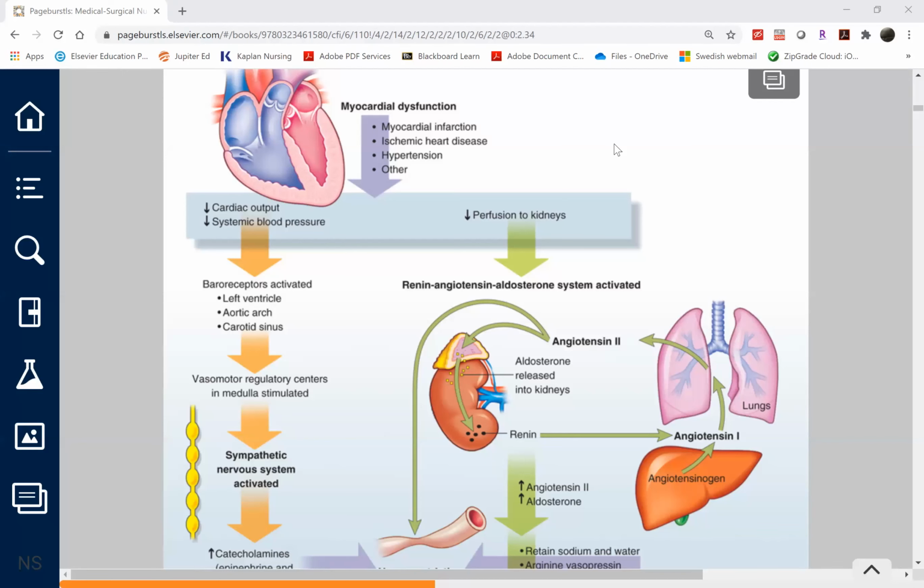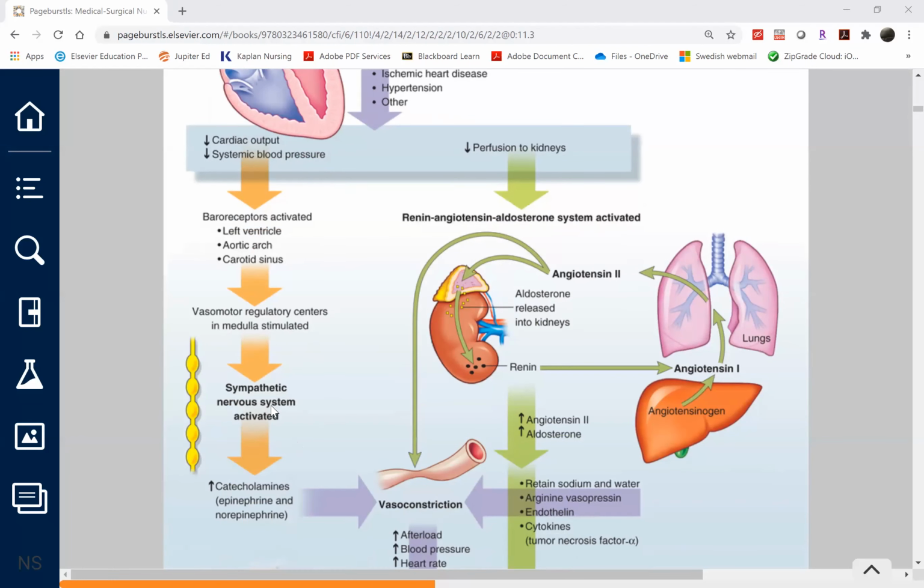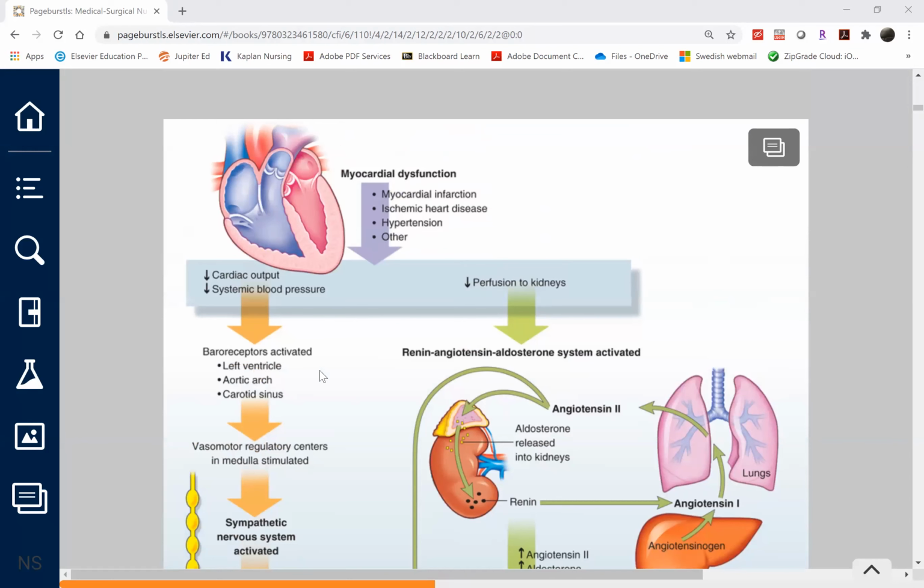I don't know if I'll fit in the vase, but you know, I come out and scare her. Does it take 5 minutes before her heart rate increases and her skin turns pale and feels cold and clammy? Nope, it takes a split second, less than a second. So this is how fast this is activated. Same thing for your renin-angiotensin system.